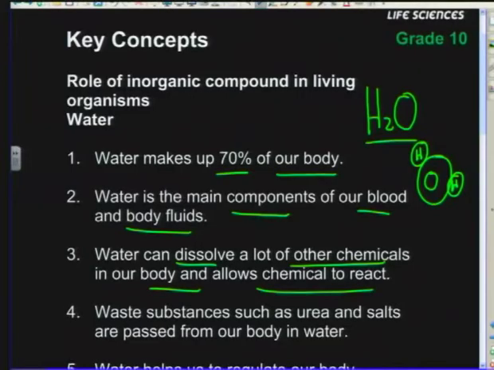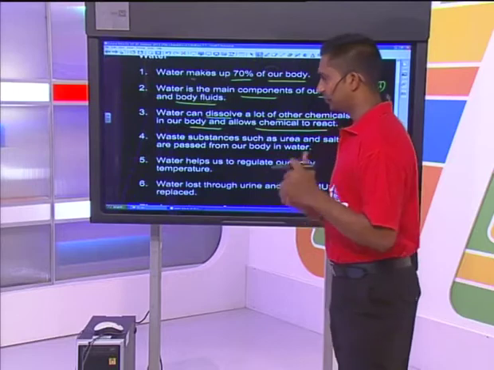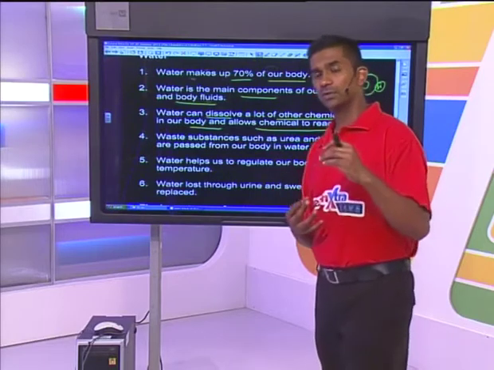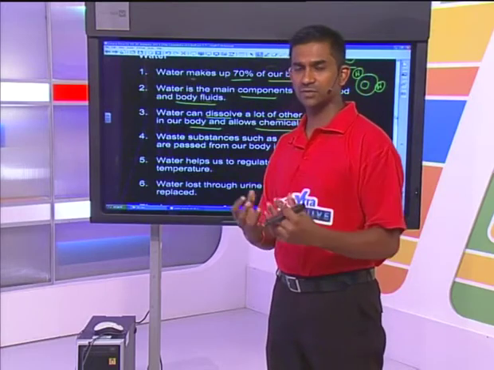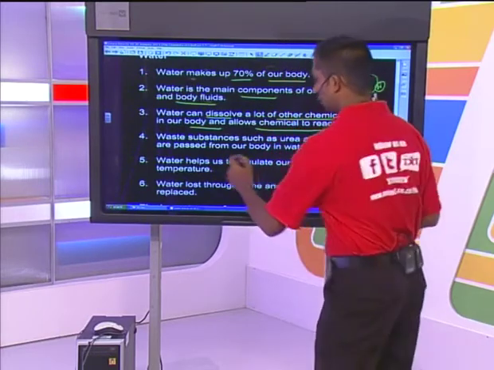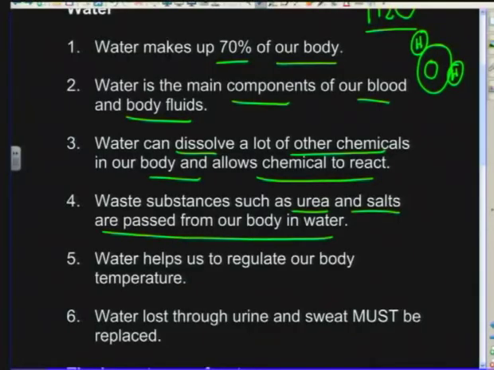Okay. Water also plays an important role in removing the waste products from our body. So urea, sweat are all made through water. So you have urea, uric acid dissolved in water, you have your waste products that all are passed out through water in our body.